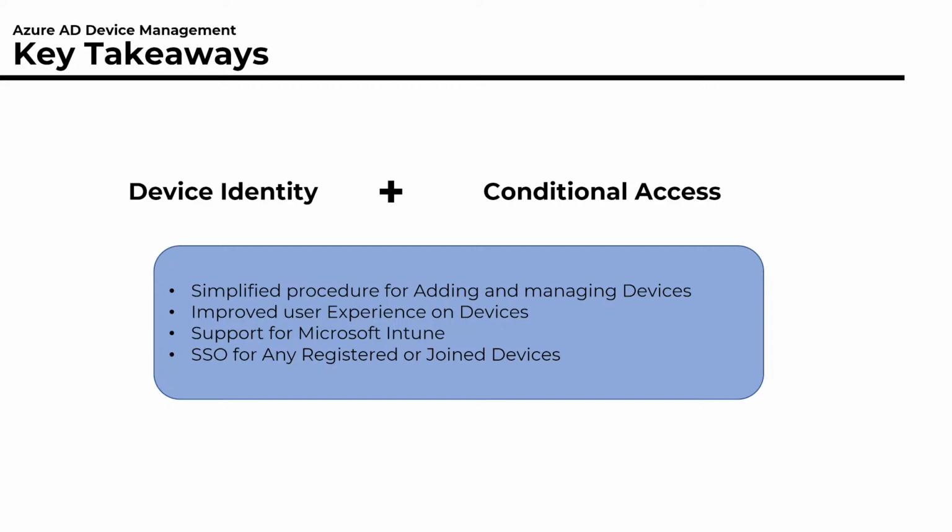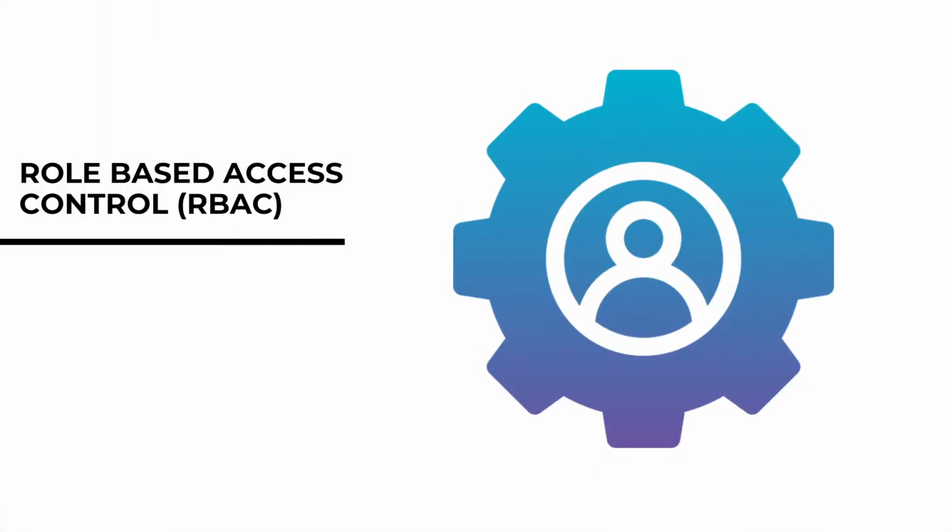Okay, so next we will see role based access control. So what is RBAC? RBAC is basically role based access control, where we can provide access to resources to particular users at the scope level. Scope is the hierarchy that we have in Azure.